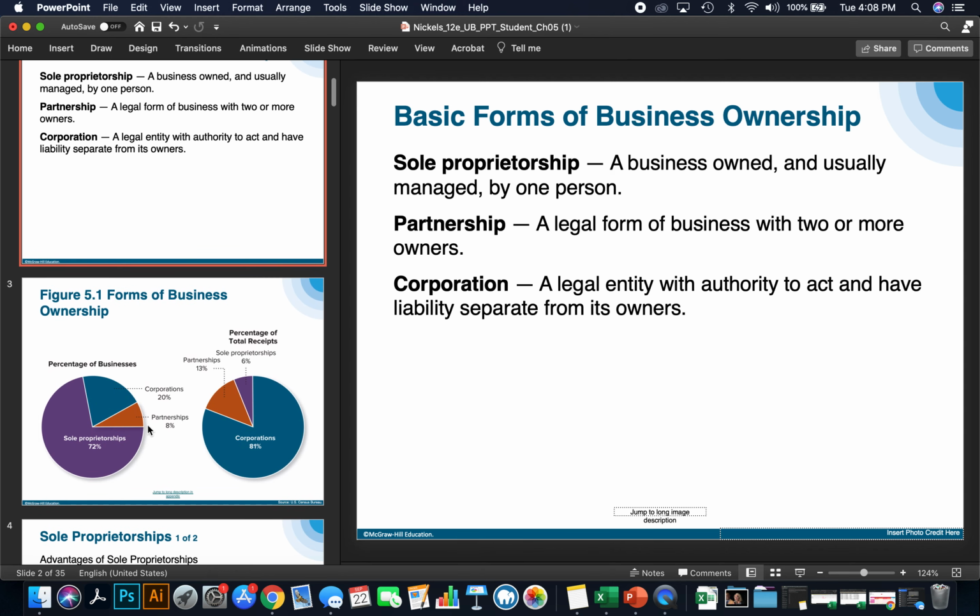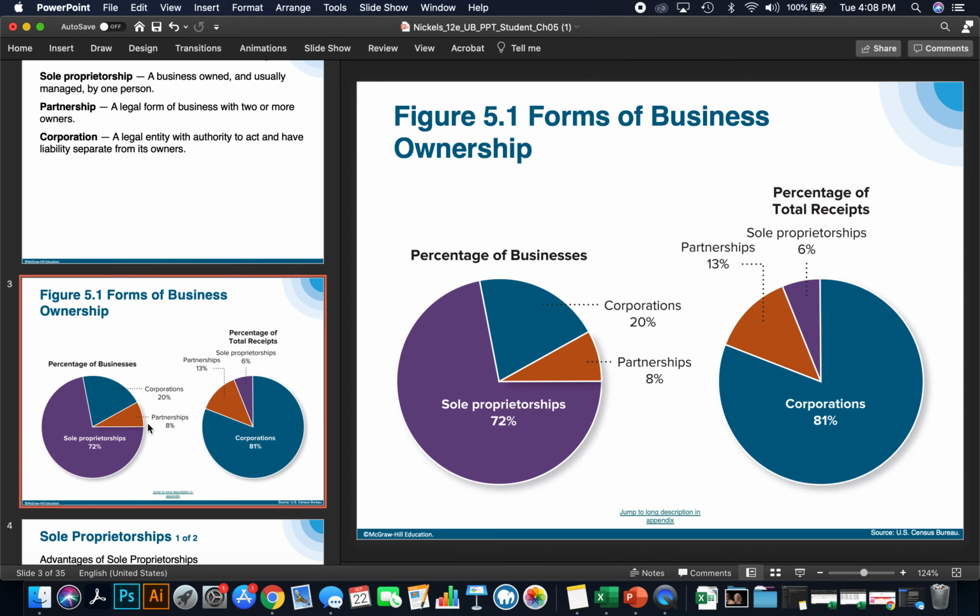So let's take a look at the United States as a whole. You can tell that sole proprietorships make up a majority of the percentage of businesses in our economy. The pure number of businesses out there are sole proprietors.